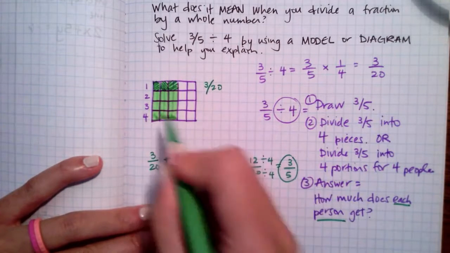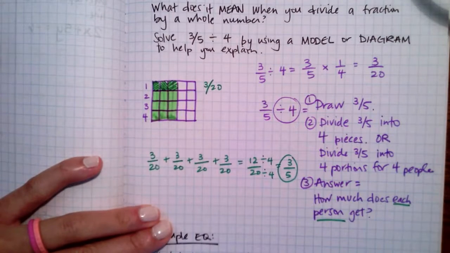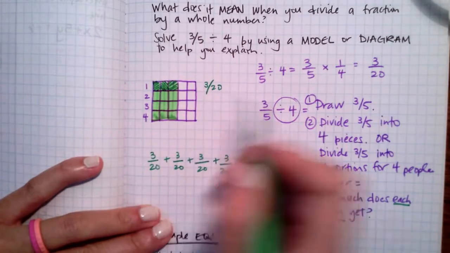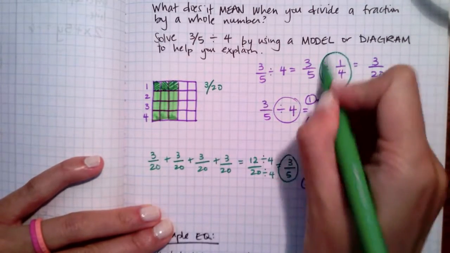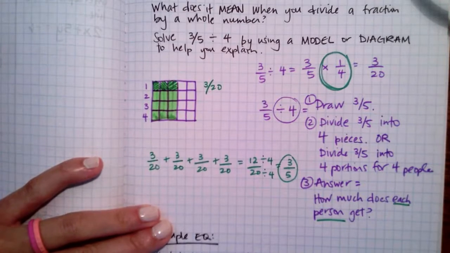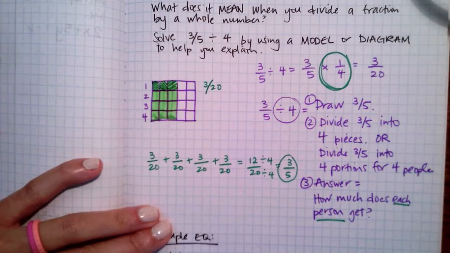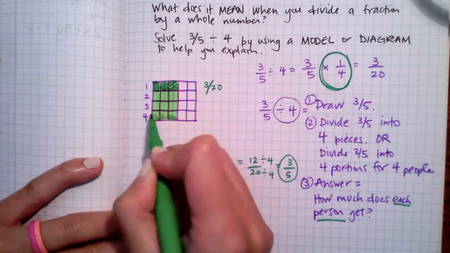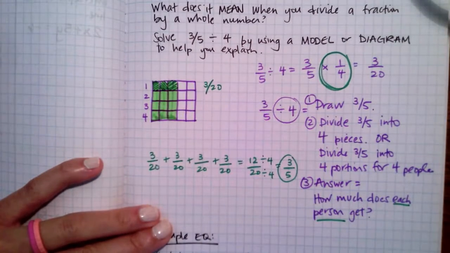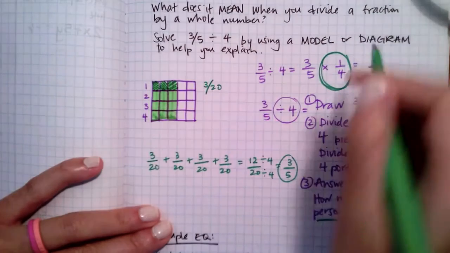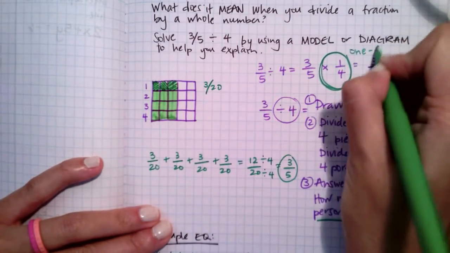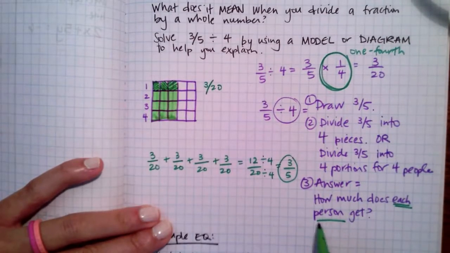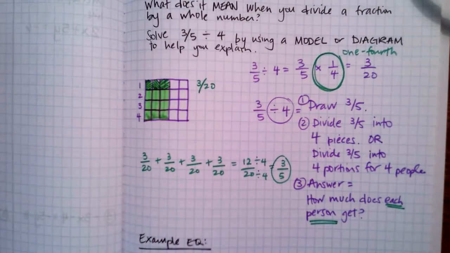It gets us right back to the 3/5, because each person only gets 1/4. That's why we flip the second number and multiply. Because when you're dividing into 4 pieces, you're really trying to figure out what's 1/4 of this, because each person only gets 1 out of those 4 pieces.